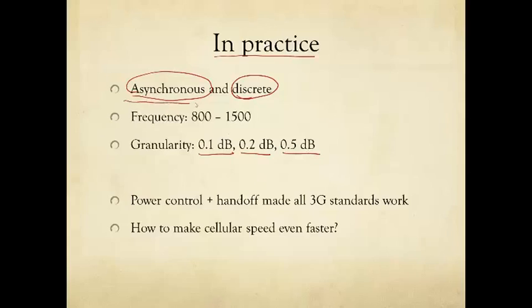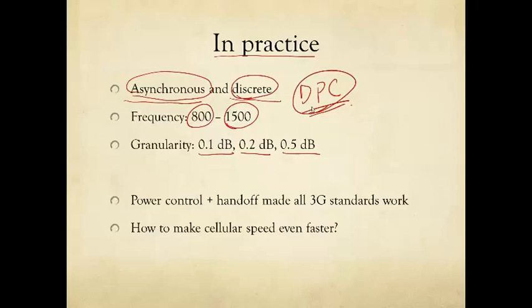But if you look at an asynchronous and discrete power level version of DPC, that is actually implemented in virtually all the 2.5G and 3G networks, and depending on the protocol, the frequency of running the inner loop could be anywhere between 800 to 1500 hertz. Okay. So every second, roughly speaking, this calculation of DPC is run 1,000 times.